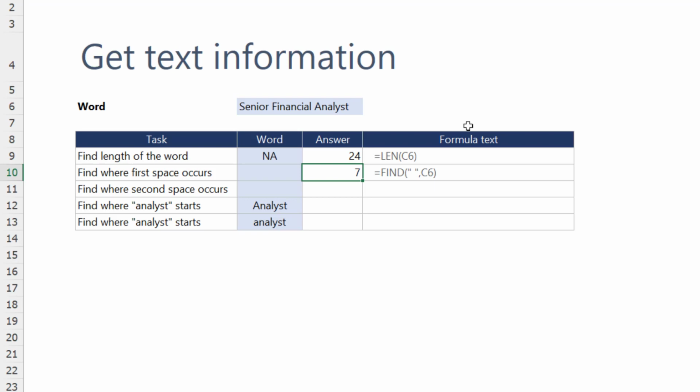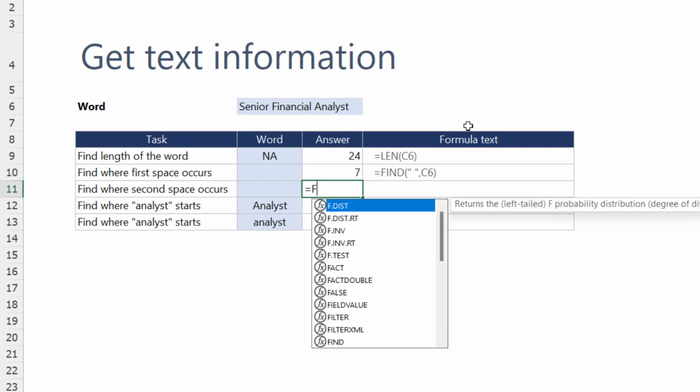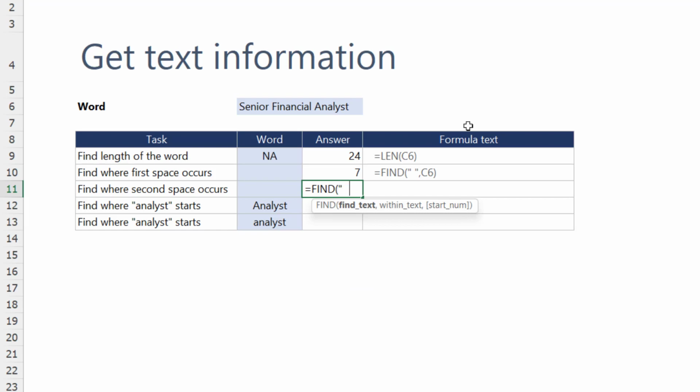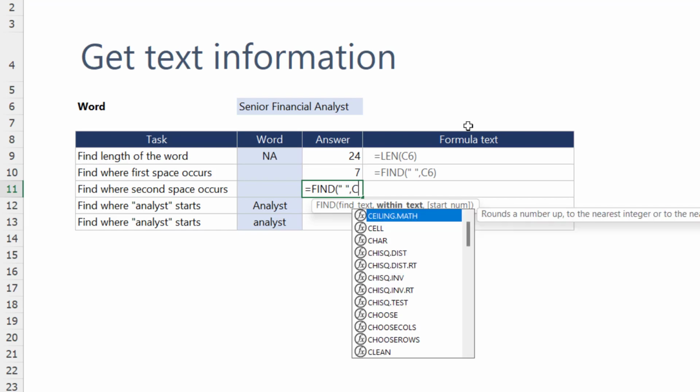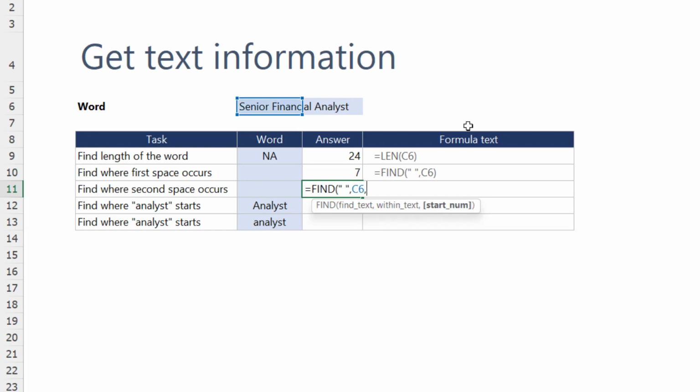What if I want to get the second space? Because I already know that there is a space in the first 7 letters. In that case, we could use the same FIND function, find a space in cell C6, but this time we have to specify a starting position.